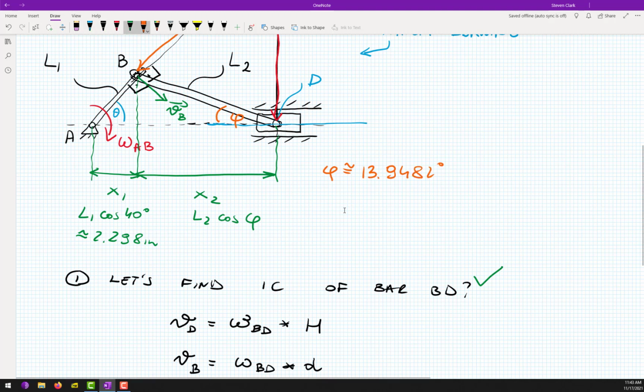So if you grab your calculators, you will obtain that x2 is approximately 7.764 inches. Now we know that x1 plus x2 will be approximately 10.062 inches. Great.